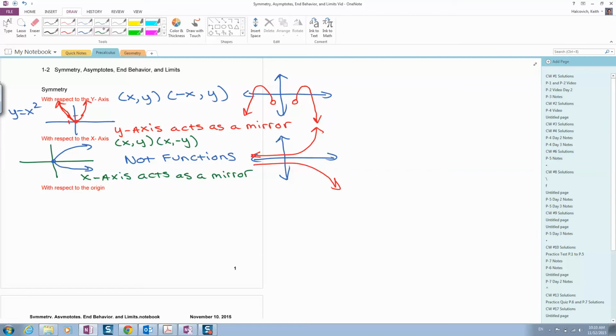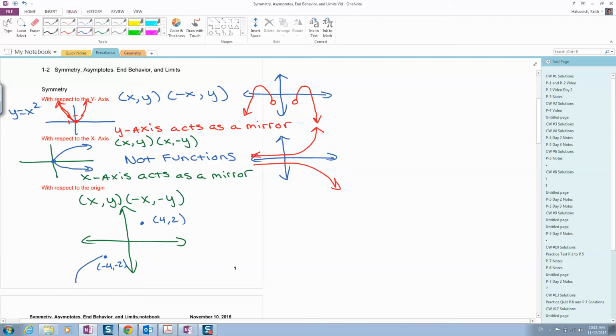Symmetric with respect to the origin is where basically coordinate-wise you have the opposite of both the x and the y. Notice something like this here, where you have -4, -2, and then you have +4 and +2. Like that. That is symmetric to the origin.